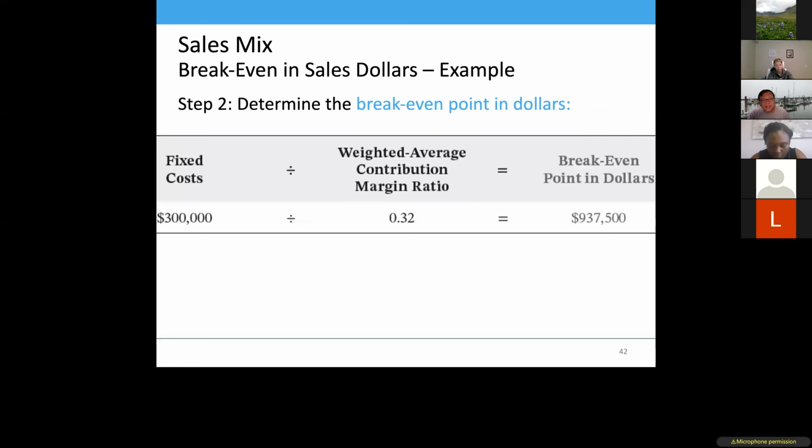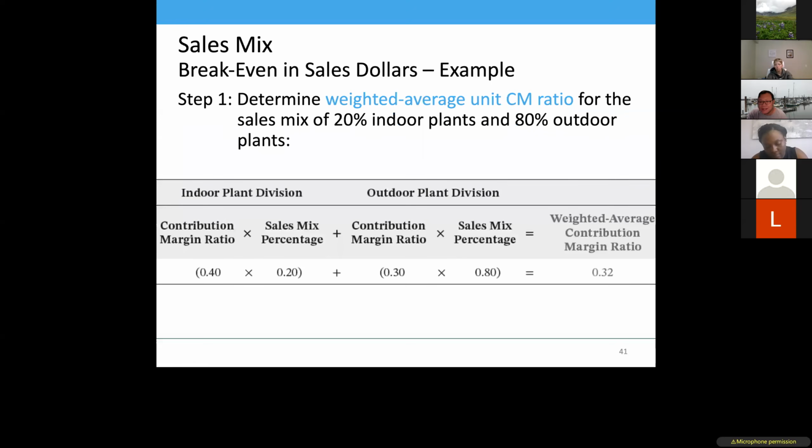So are we clear with this sales mix? The formula is still the same. You are still using contribution margin per unit, but the difference is this time it has to be the weighted average. If you figured out the break-even point in units, instead of using the contribution margin per unit, you are using the weighted average contribution margin per unit.